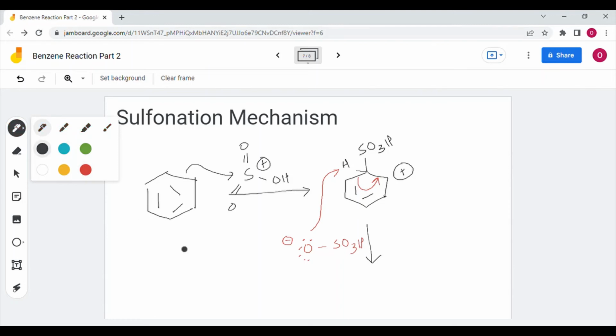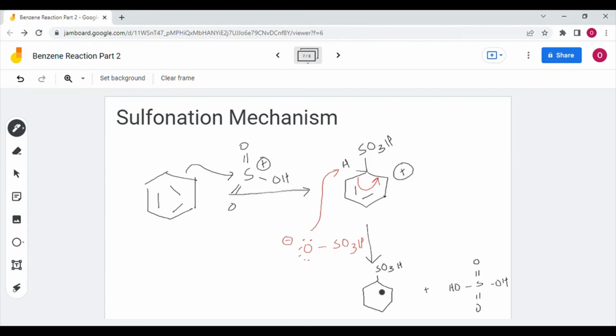Thus, when we draw the final molecule, it's going to look like this. And this is generally the general mechanism for sulfonation.